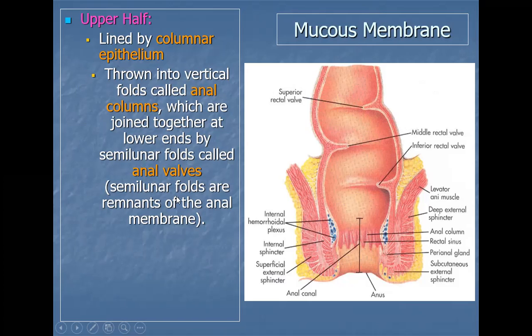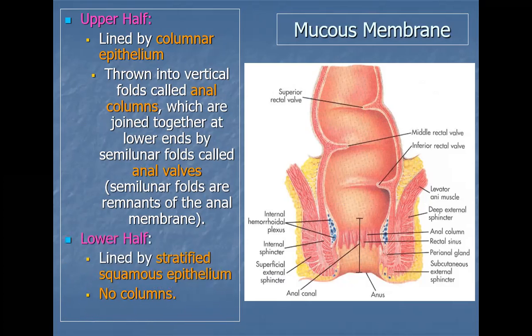These semilunar folds are remnants of the anal membrane. Initially there is a membrane which is broken down, but still there are valves. The lower half is lined, just like the skin, by stratified squamous epithelium, and there are no columns. If you see here, the lower part has no columns.